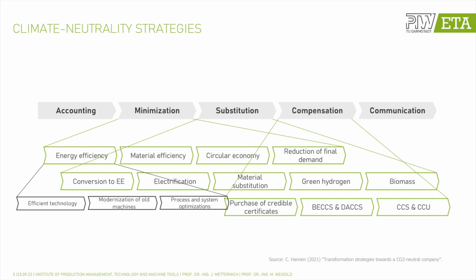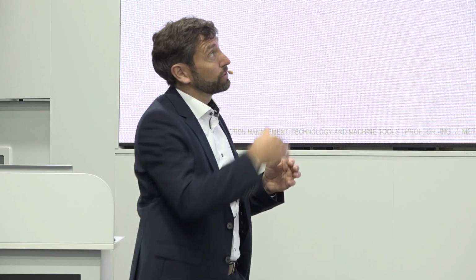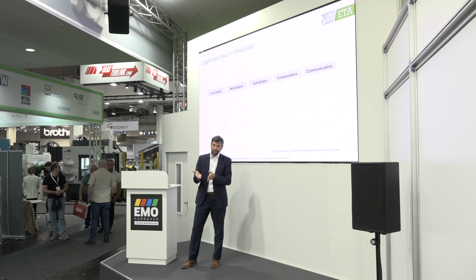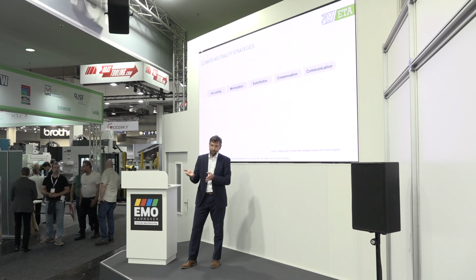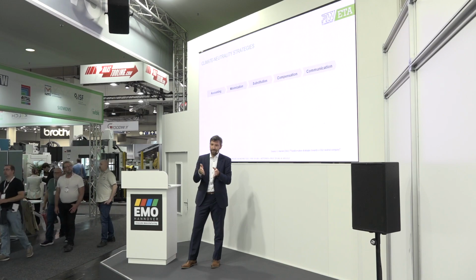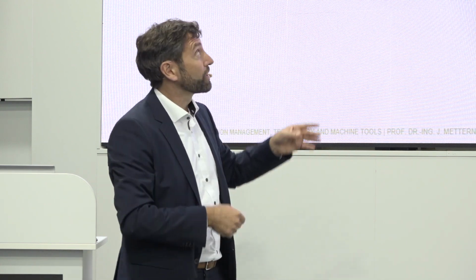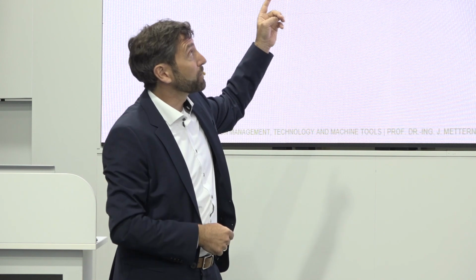Usually when companies proceed on their journey towards climate neutrality, first of all they have to do the accounting. And that's the topic which I want to explain today: how to do accounting on the product level. After reaching the step of accounting, we can then do measures to reach climate neutrality.